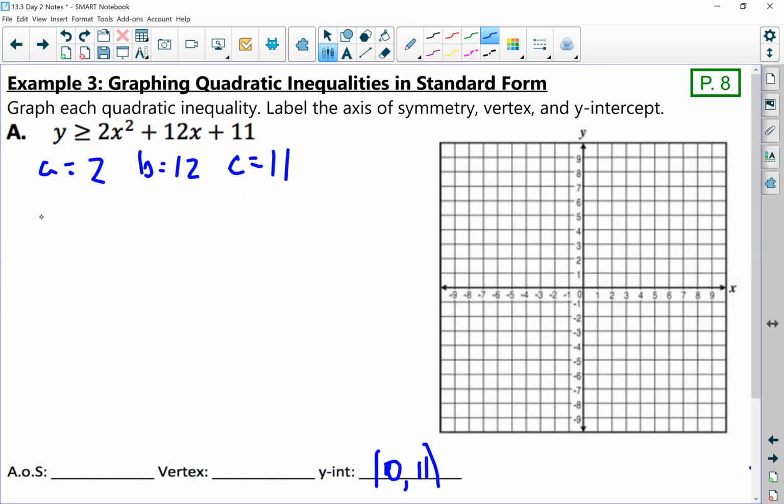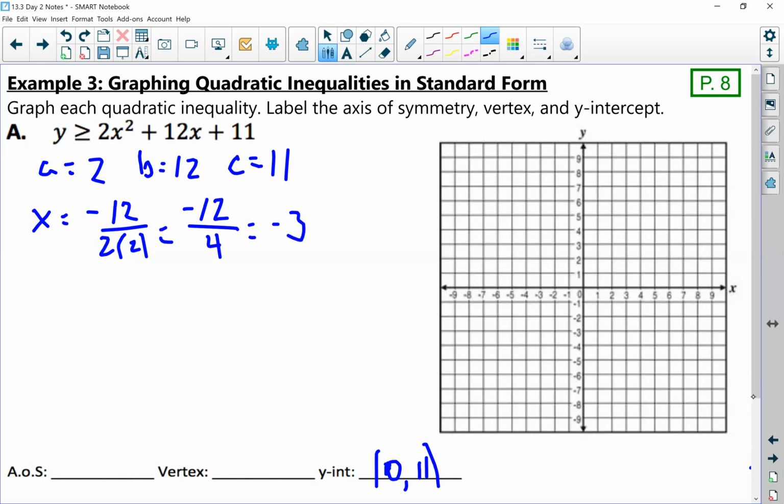We can find the axis of symmetry: the opposite of b divided by 2 times a. So the opposite of 12, that's negative 12. And what is 2 times 2? 4. Negative 12 divided by 4 is negative 3.